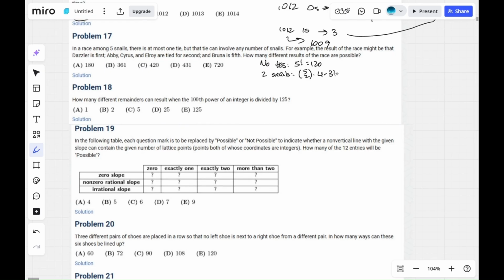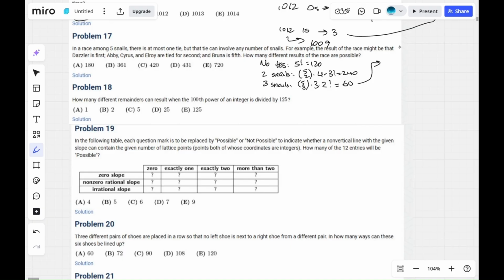So that is 240. And then for 3 snails, there are 5 choose 3 ways to pick the 3 snails, and then 3 places in the race to put the tie, and then 2 factorial ways to order the 2 remaining snails. So this is 60.